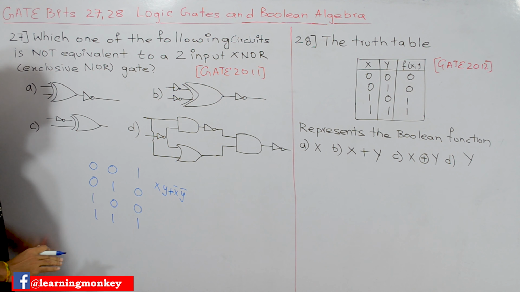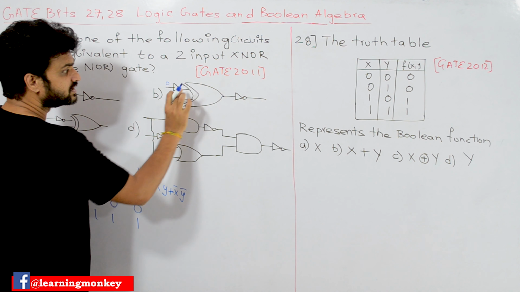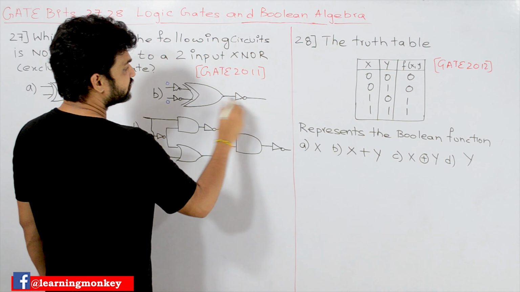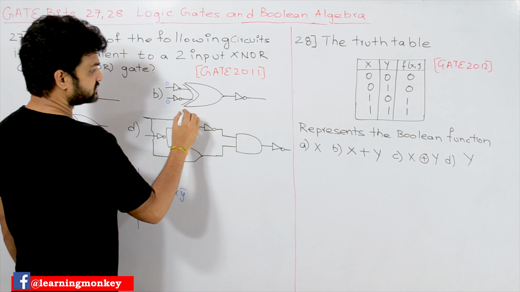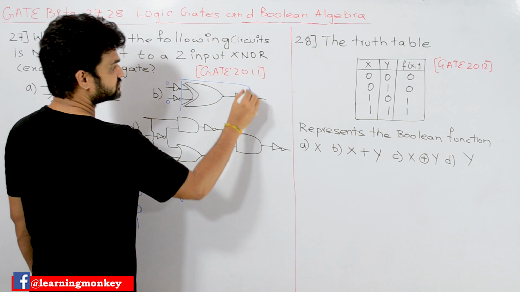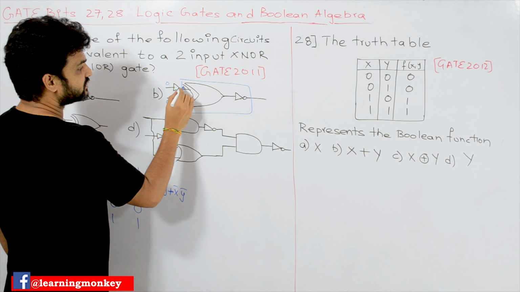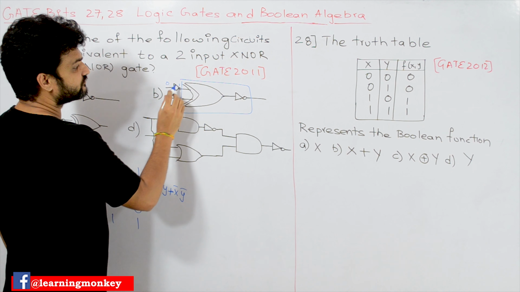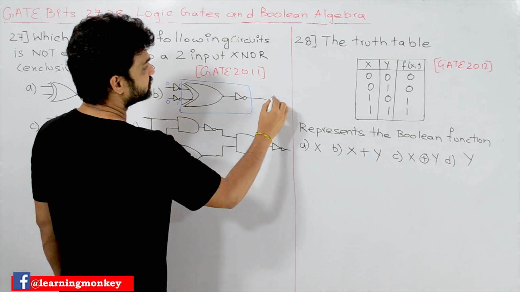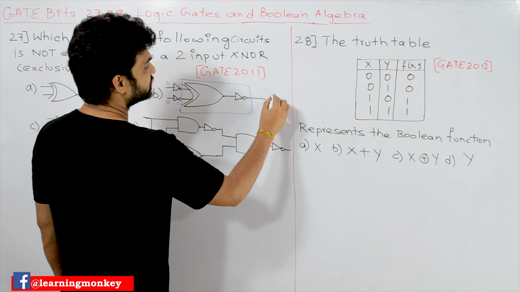Now coming to the second circuit, it is an XNOR gate preceded with bubbles. Preceded with bubbles means, for example, if you give 0 0, it is going to become 1 1, the negation. For 1 1, the XNOR gate is going to produce an output of 1. So for 0 0 the output is 1.